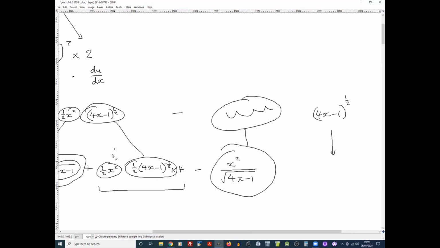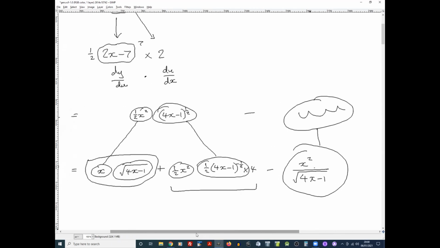The x squared was coming along anyway. So it doesn't look as though we are going to be able to differentiate that to give us that. So actually the integral of that is beginning to look quite hard.